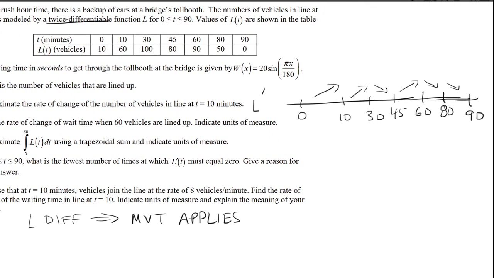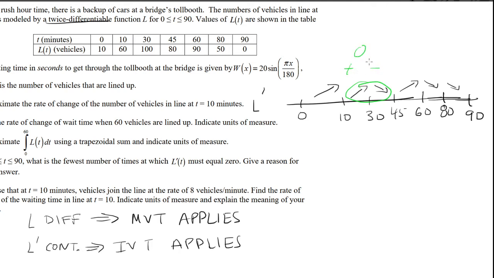Okay. So because L is continuous, L prime is continuous, and we know that because it's twice differentiable, the intermediate value theorem applies. So when it changes from, let's say, increasing to decreasing, like this one right here, it changes from positive to negative.